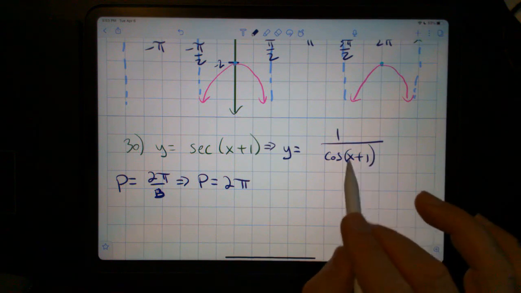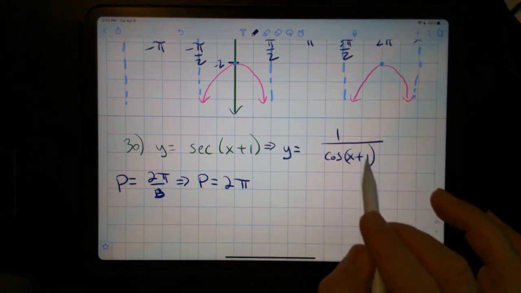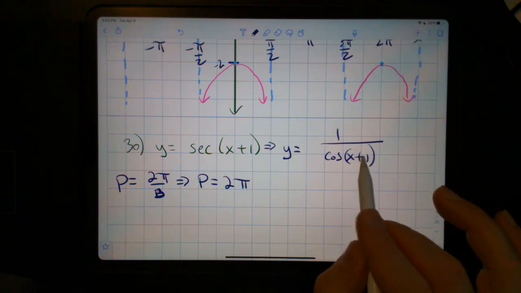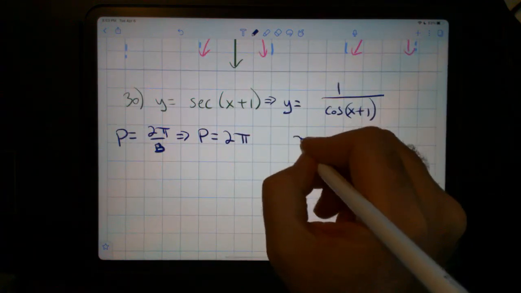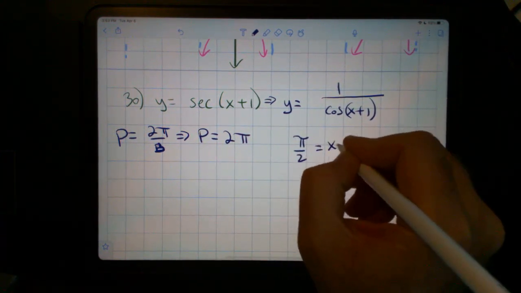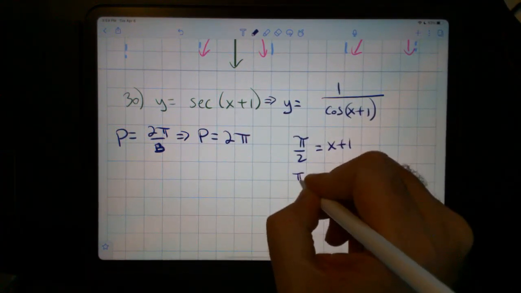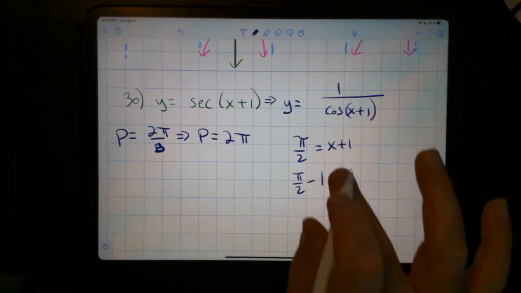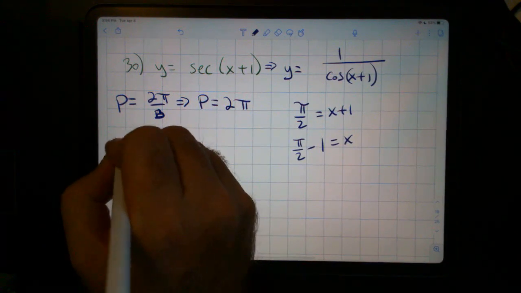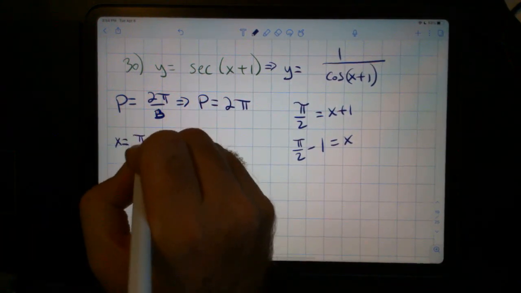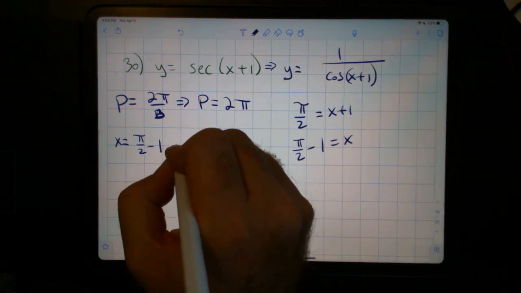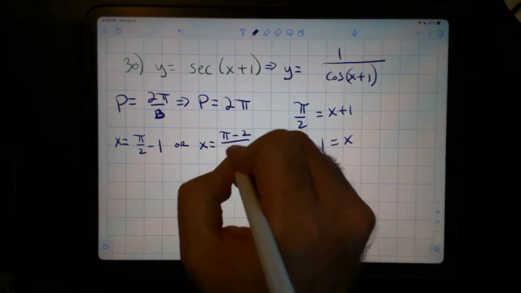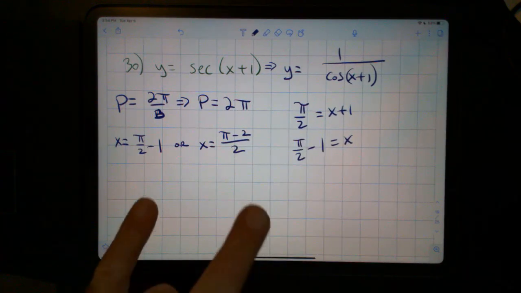Where are the asymptotes? So the asymptote is going to be where cosine of pi over 2 is 0. And so what we're looking for is, when is this true? And it looks kind of unusual, but we can have this, or we can have, technically these mean the same thing.